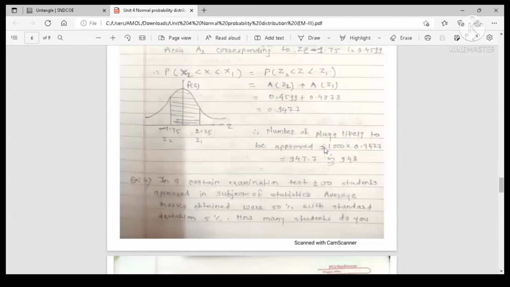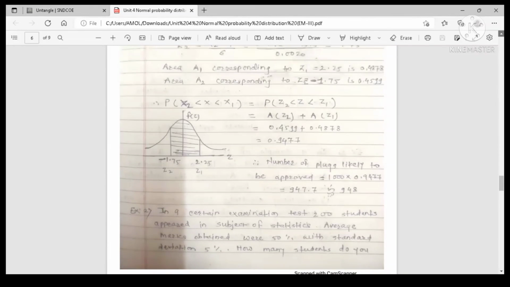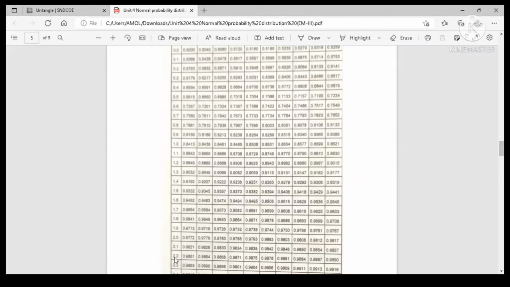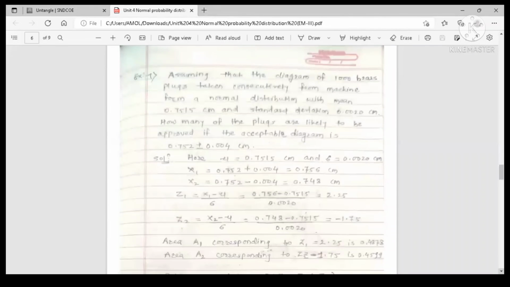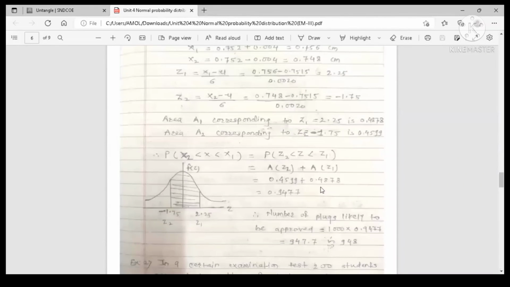Subtract 0.5 from this area, so the area is 0.4878. And you just add these two areas, that will be your answer, 0.9477.